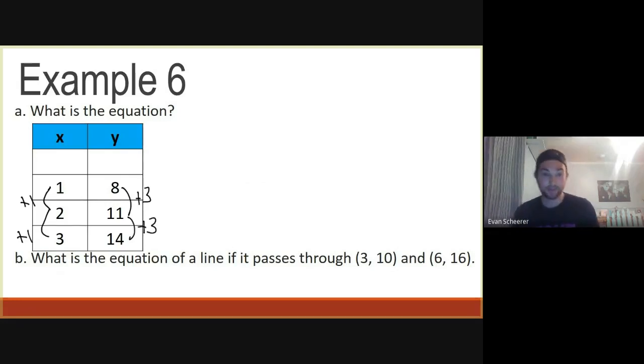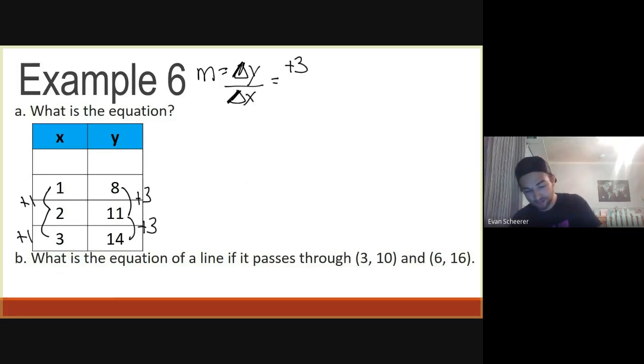So since they are both changing, remember, slope is change in y. m equals your change in y over your change in x. So the y changes plus 3, your x changes plus 1, so therefore your slope, m equals 3.